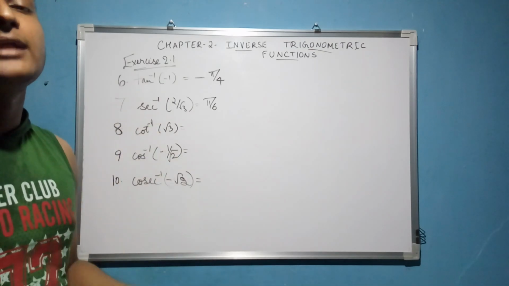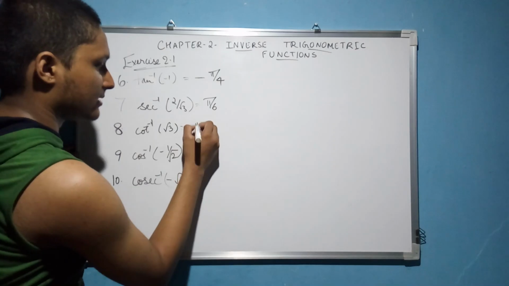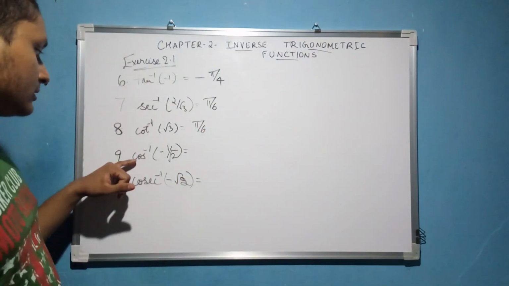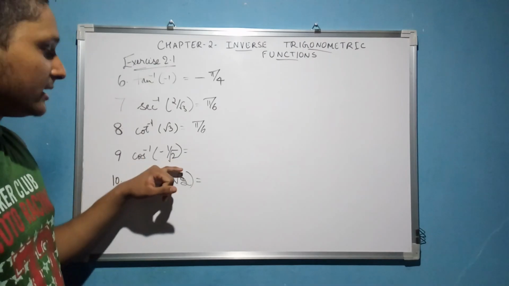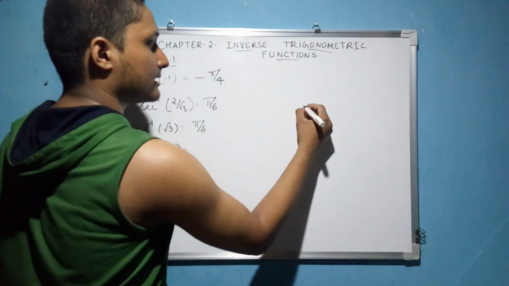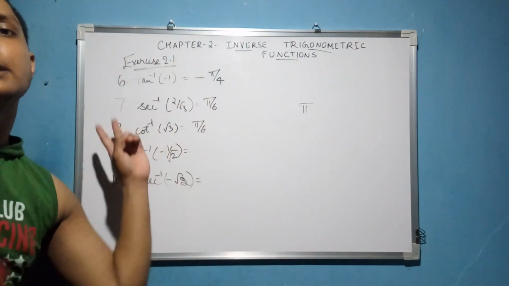A cot function can be root 3 when it is 30 degree. 30 degree stands for the same thing, that is pi by 6. Because it is positive, no need to worry. Now we have cos inverse minus 1 by root 2. You have a cos and a negative sign. So when it is going to be a negative sign, you are going to get the second quadrant.